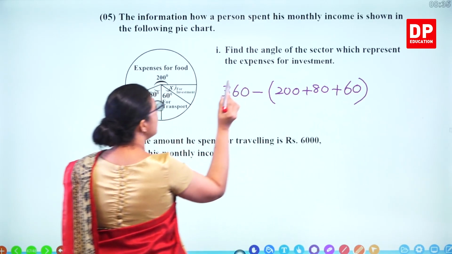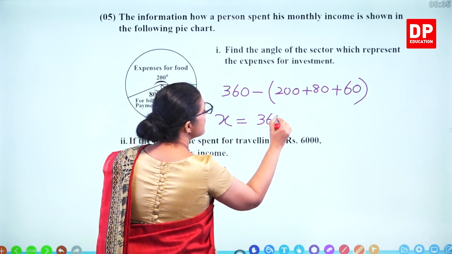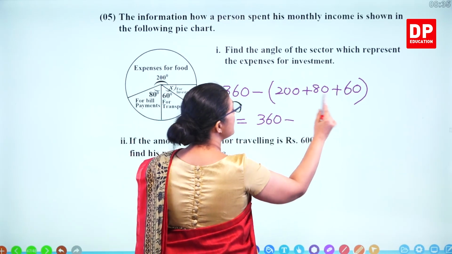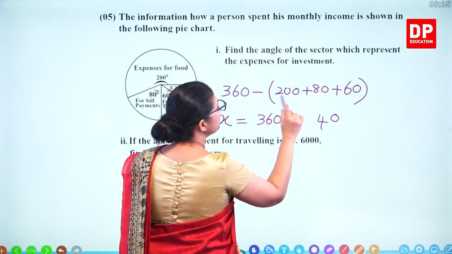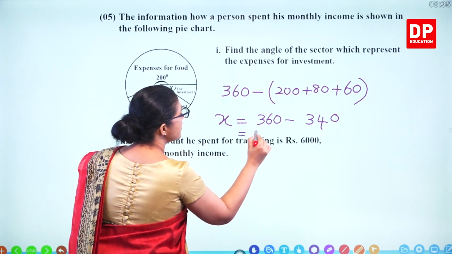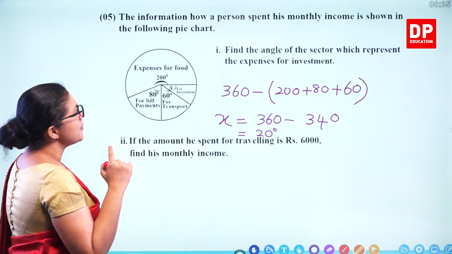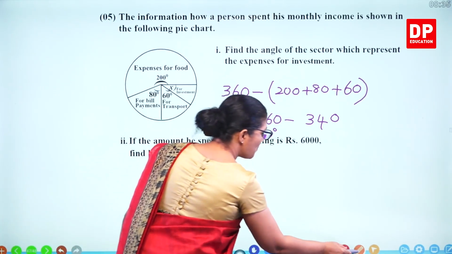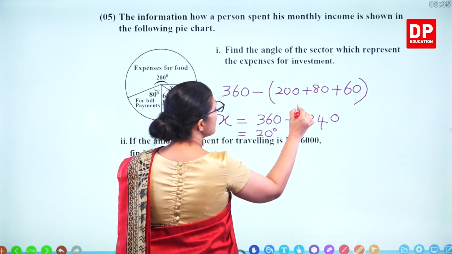So that's the X angle. So 360 minus, what's the addition here? 340. So 20 degrees is the angle for expenses for investment. That's just 2 marks we can give.